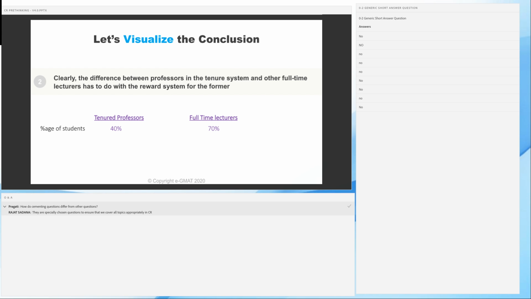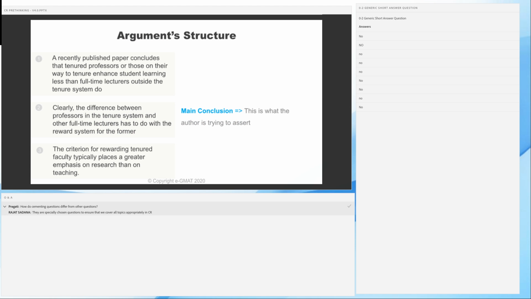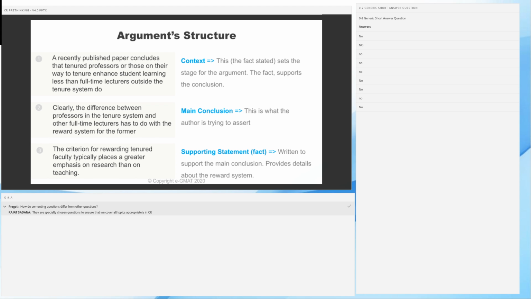And the reason for this is the reward system for the tenured faculty. So that's your main conclusion. Statement 3, the supporting statement, is written to justify the conclusion, and the first statement is the context that sets the argument.